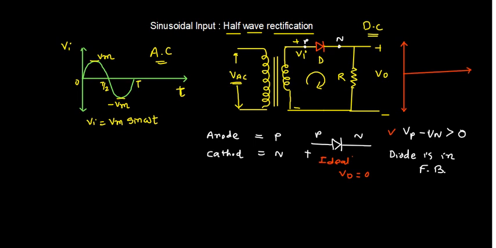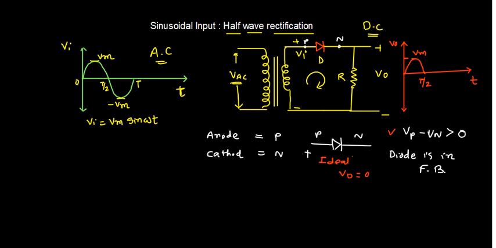So here our input signal reaches up to Vm, that half cycle we are considering. Here also we will get the similar output up to T by 2 times. Output signal will be similar as the input signal, and that maximum is nothing but Vm peak.